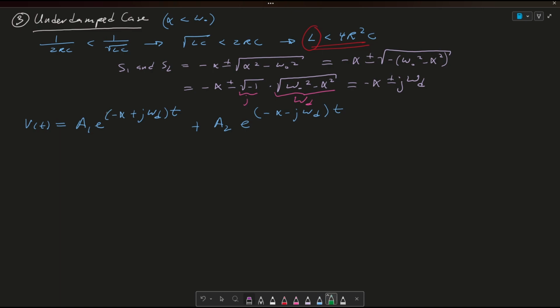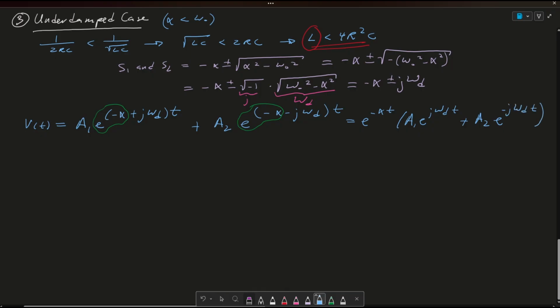I hope this makes sense. Let me go ahead and pull out this e to the minus alpha t in both these terms. So then I get that this is equated to e to the minus alpha t times a1 e to the j omega d t plus a2 e to the minus j omega d t.